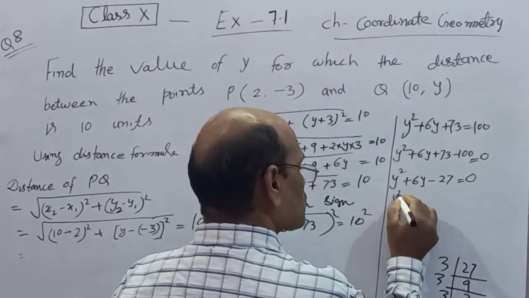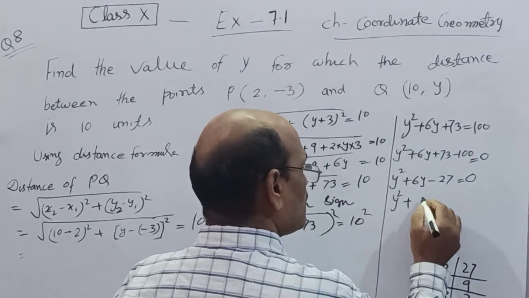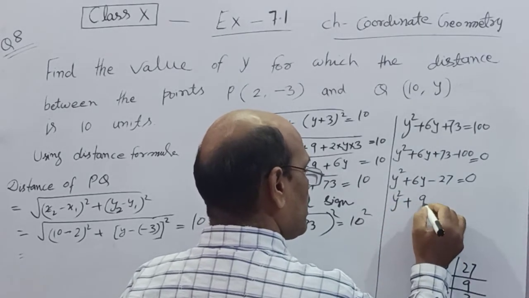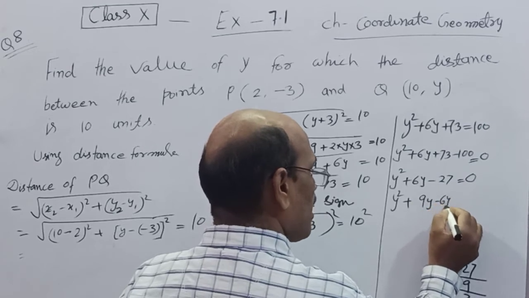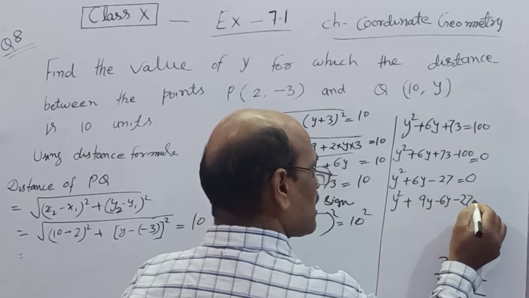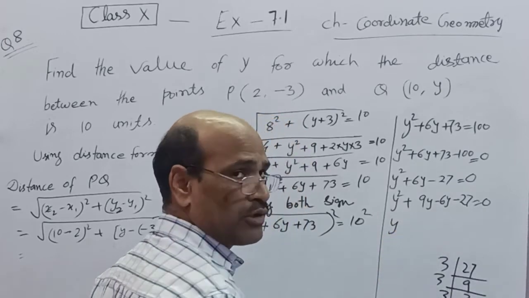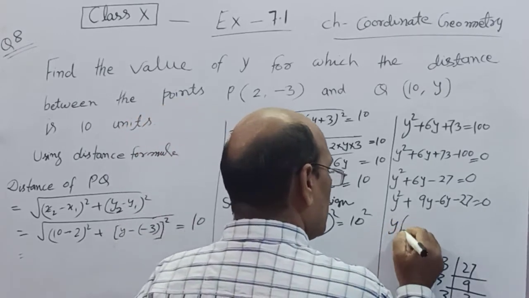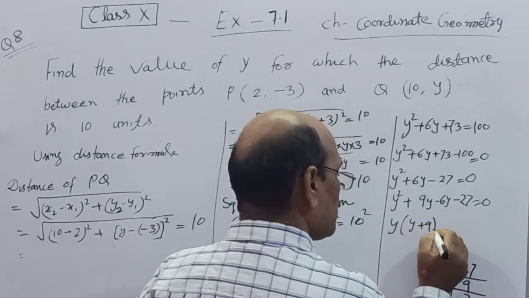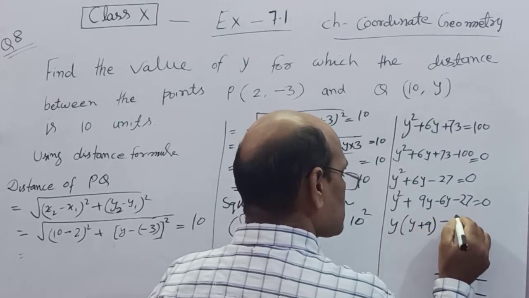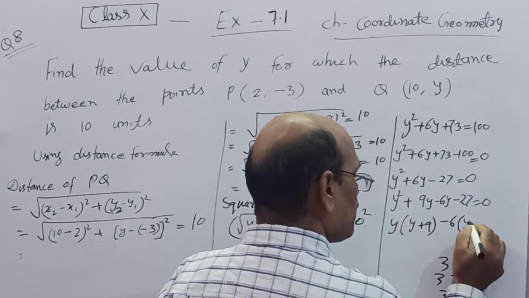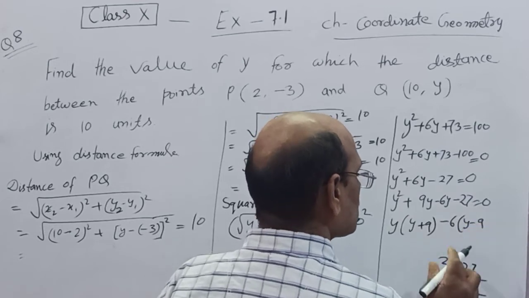Therefore, y square plus 9y minus 3y minus 27 is equal to 0, and we have to take common y, and y plus 9 and minus 3 common.